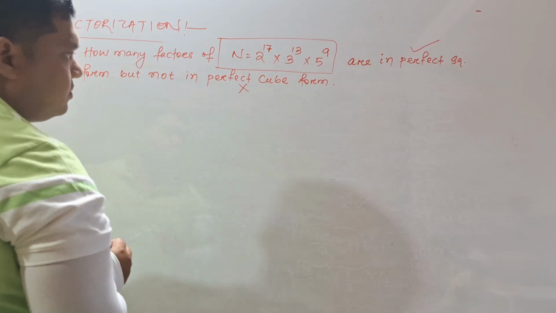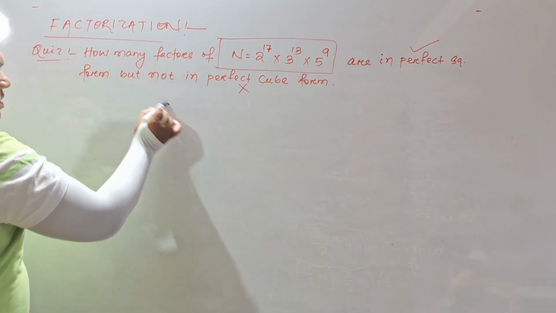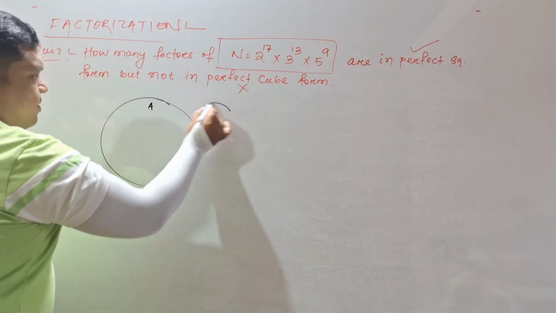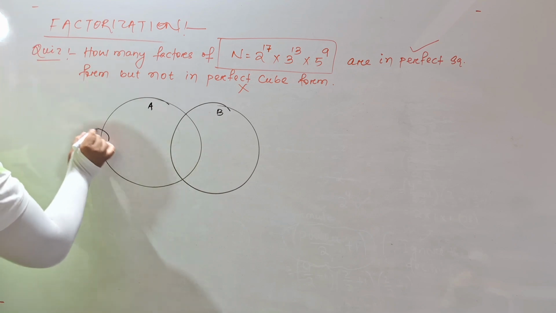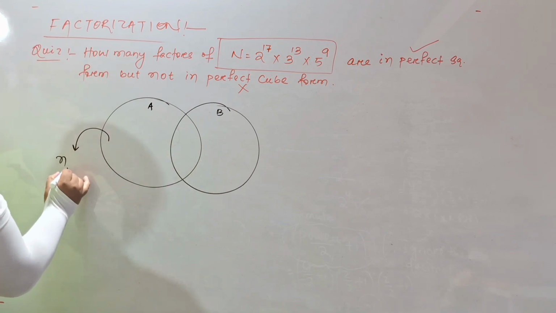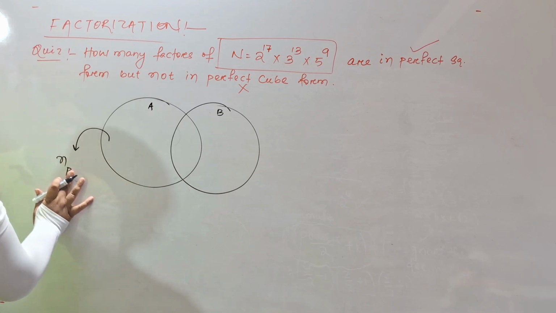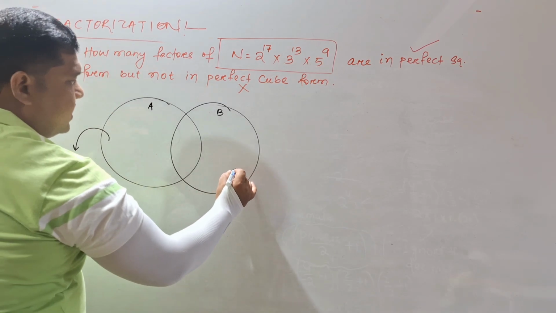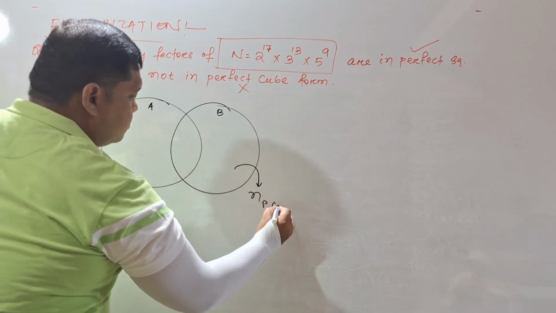which are in perfect square form but not in perfect cube form. So the thought process is, suppose, look here, suppose this is set A and here this is set B. Set A represents all the factors which are in perfect square form, and set B represents all the factors which are in perfect cube form.